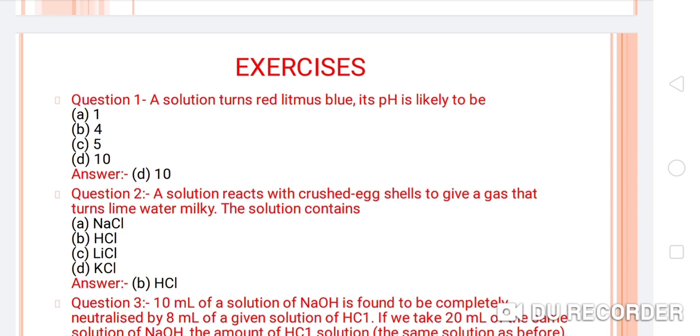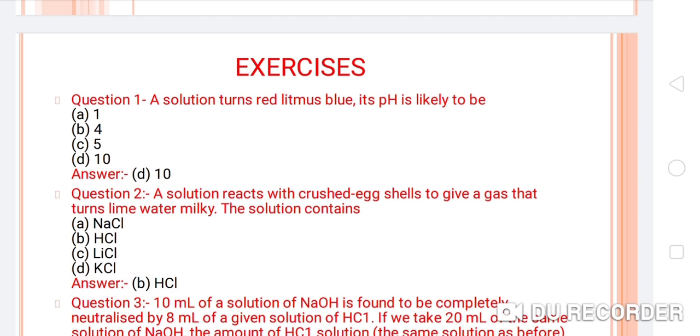When blue litmus paper is dipped in an acidic solution, it turns red, and when red litmus paper is dipped in a basic solution, it turns blue. Now, according to the pH scale, 1 to 7 is the acidic range, and 7 to 14 is the basic range.